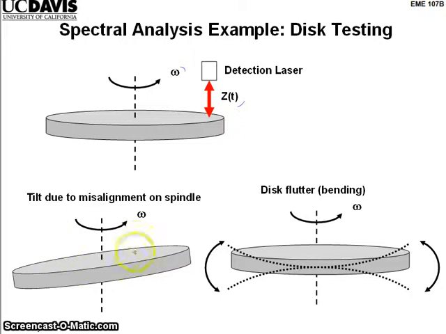As it spins around, the height goes up and down exactly once per revolution. So we'd expect to see a sinusoid from z of t, exactly at the rotation rate, omega.